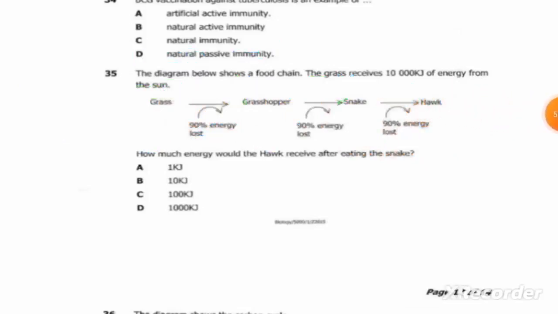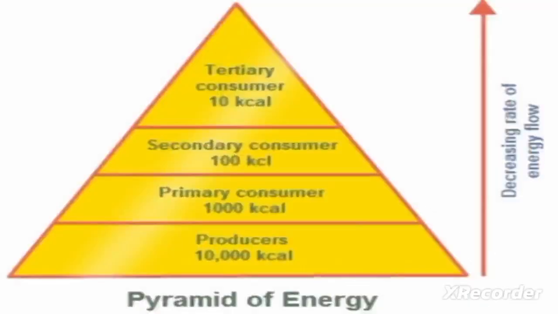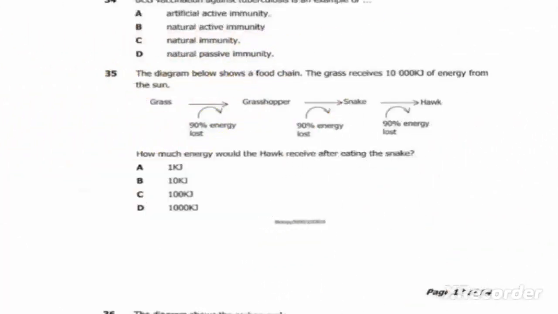So therefore our correct answer is 10 kilojoules. You can also make use of the pyramid of energy given here. You can pause the video and consider the pyramid given here. So therefore our correct answer is B.